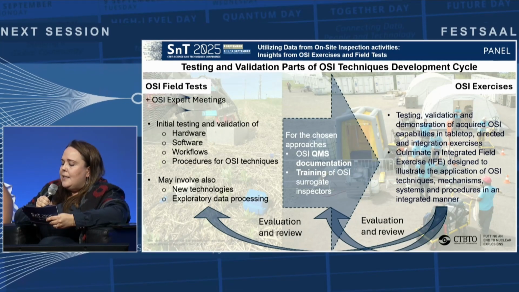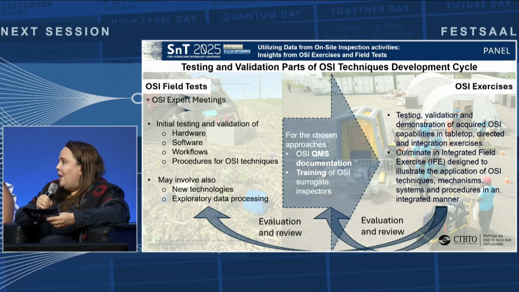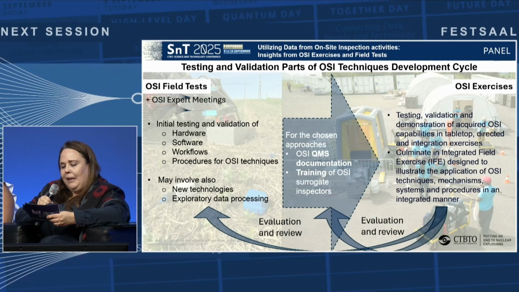The OSI techniques development process aims to build the capabilities for these techniques to be applied during an on-site inspection. We will soon hear more about the OSI techniques in the keynote by Mohamed.